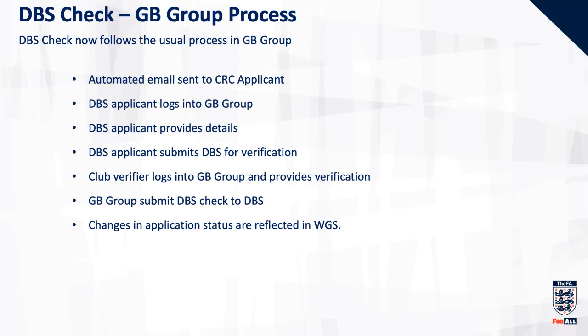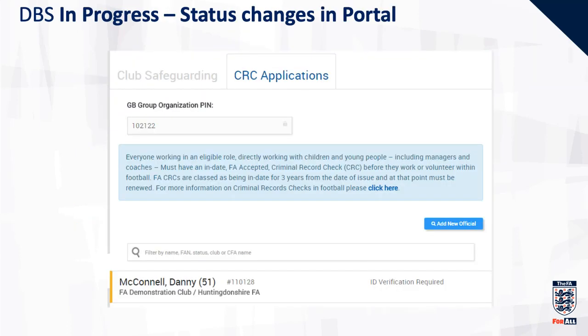If there is an issue with the DBS application, it will still show as in progress within Whole Game System, but the relevant teams will be in touch with the coach to help them through the process or gather further information if that's needed. You will see the changes in application status throughout in Whole Game System. So at the points here you can see we've got ID verification required.